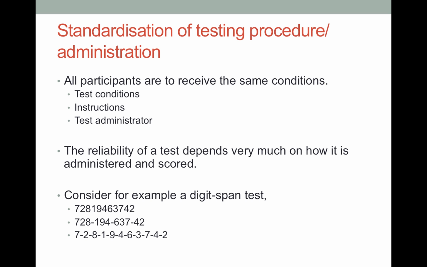For example, 728 194 637 42. Or say them as they were meant to be read out: 7, 2, 8, 1, 9, 4, 6, 3, 7, 4, 2.